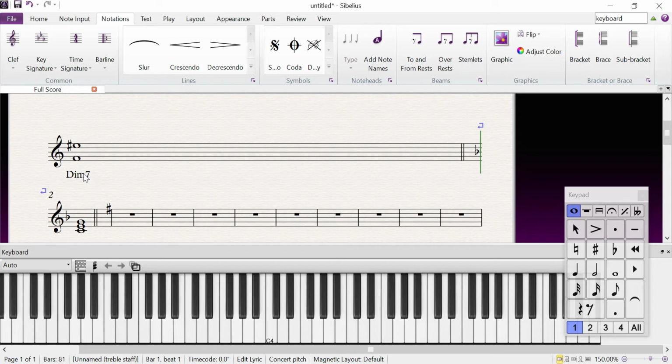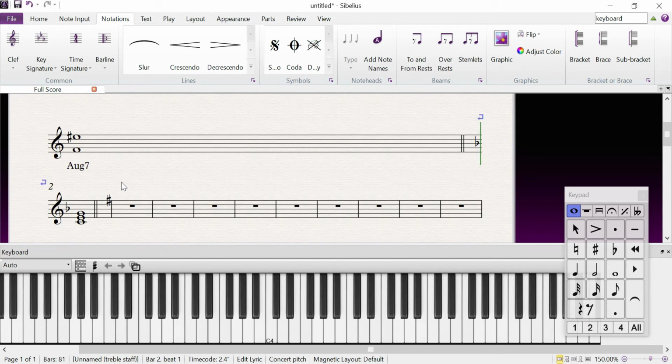Augmented seventh. Again, this is sort of heading into enharmonic notes because an E sharp is actually technically an F. So it sounds like a perfect octave.